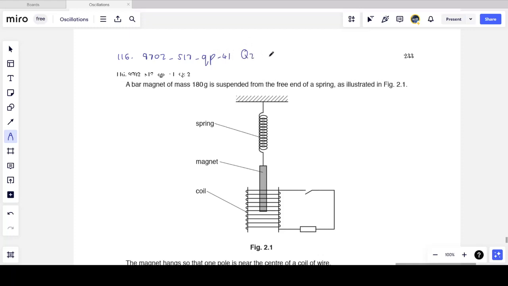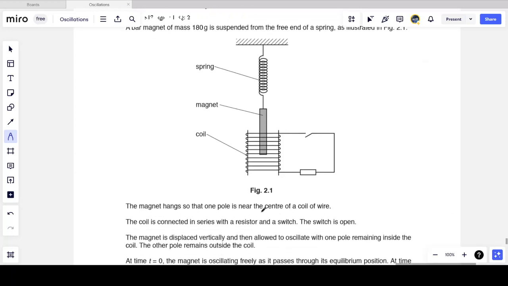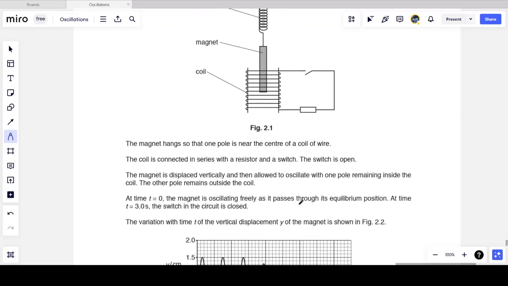We're told that a bar magnet of mass 180 grams is suspended from the free end of a spring as shown in the figure. The magnet hangs so that one pole is near the center of a coil of wire. The coil is connected in series with a resistor and switch. The switch is open. The magnet is displaced vertically and then allowed to oscillate with one pole remaining inside the coil. The other pole remains outside the coil.